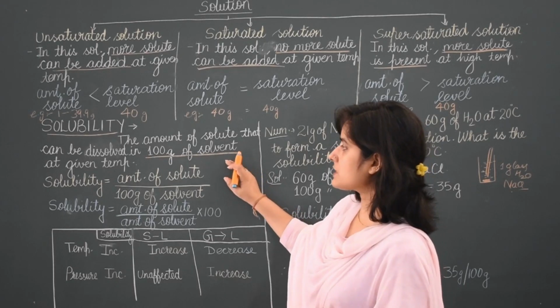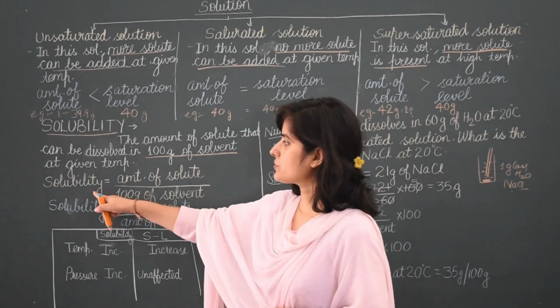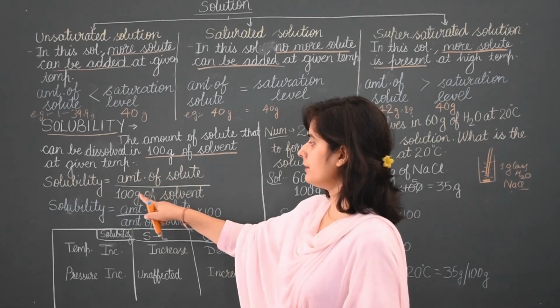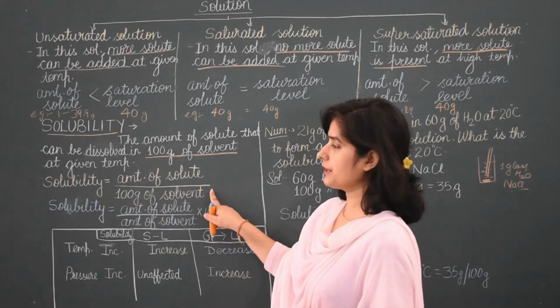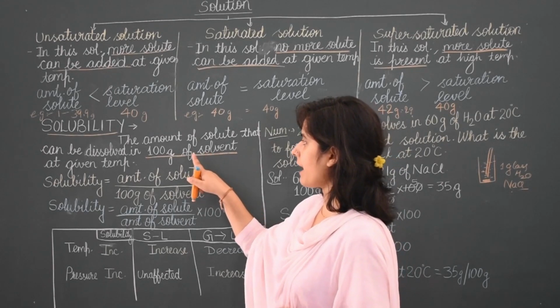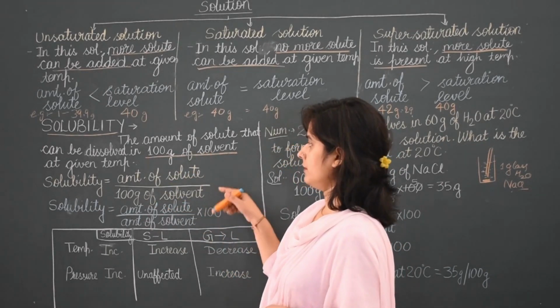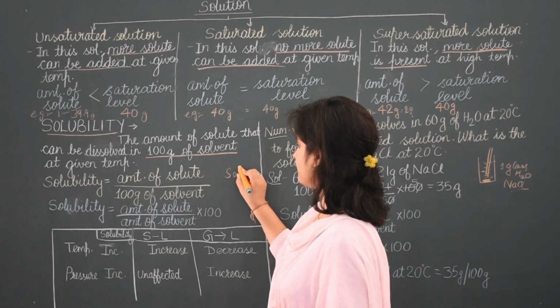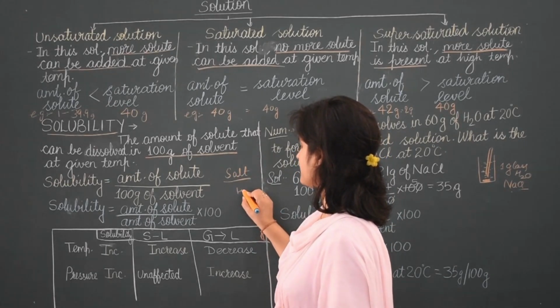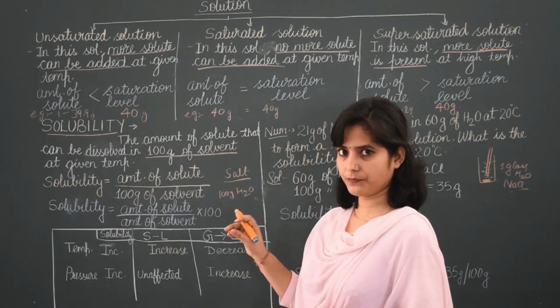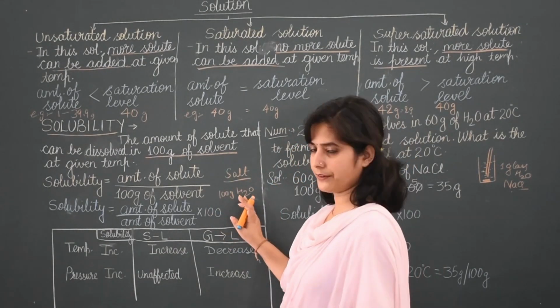To calculate this we have a formula. Solubility is equal to amount of solute upon 100 gram of solvent. According to this definition, we have to take only 100 gram of solvent. It means if salt is here and water is here, then water should be 100 gram, or 100 ml.